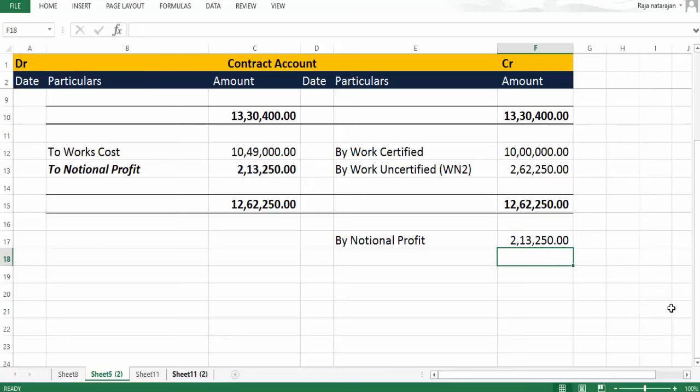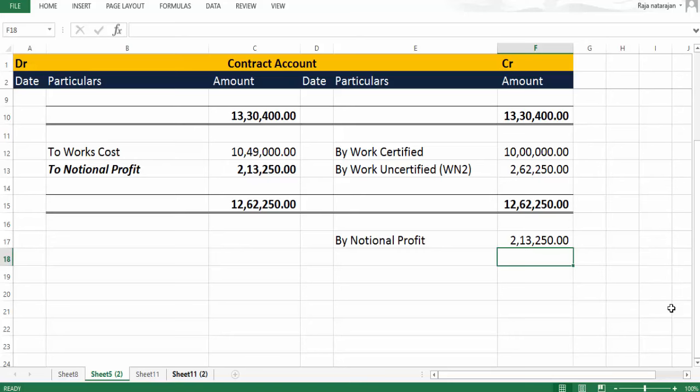Of this, I cannot carry everything because in the introductory sessions we have understood that the notional profit that can be taken to profit and loss account, that is when your contract is incomplete, the profit that can be taken to profit and loss account is linked with your project completion, it is linked with your cash received, it is linked with your work certified.